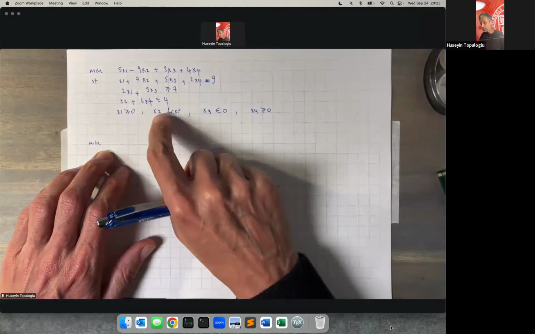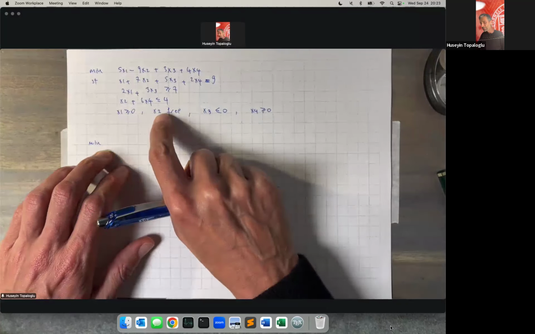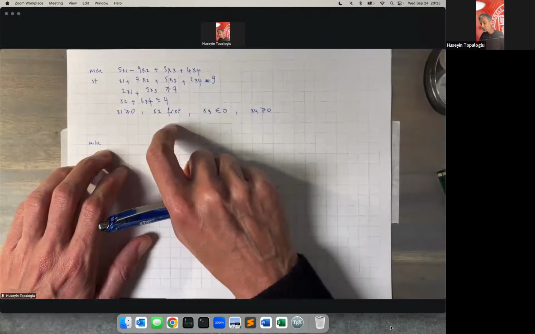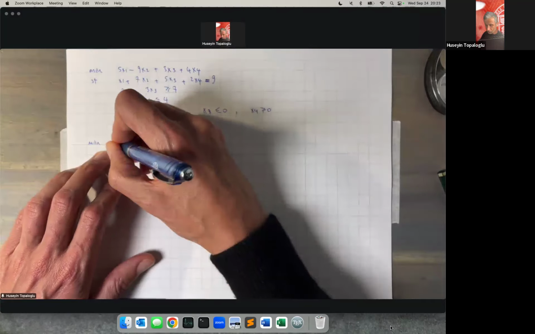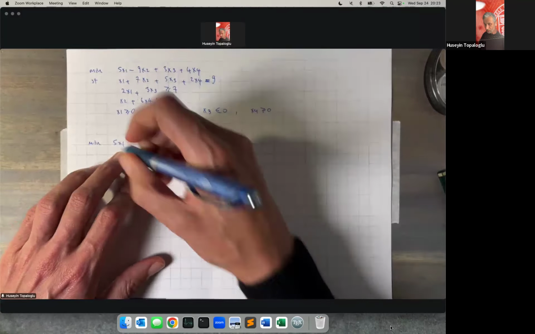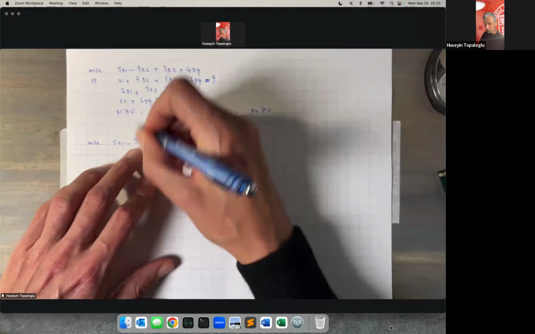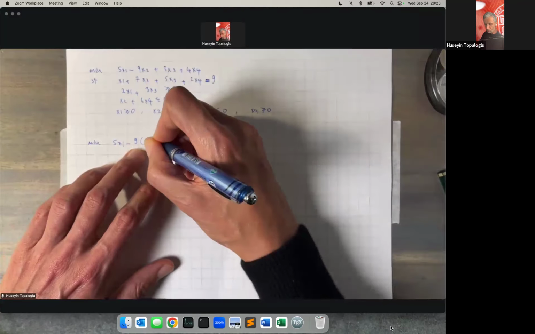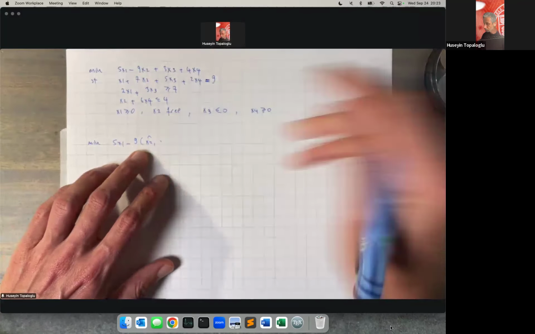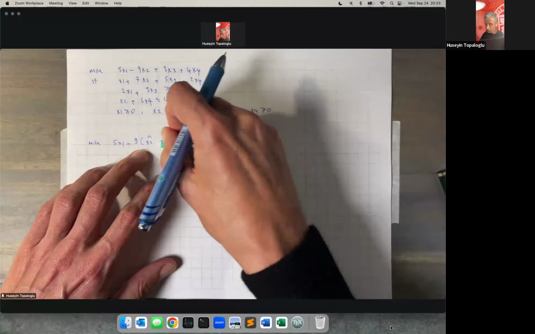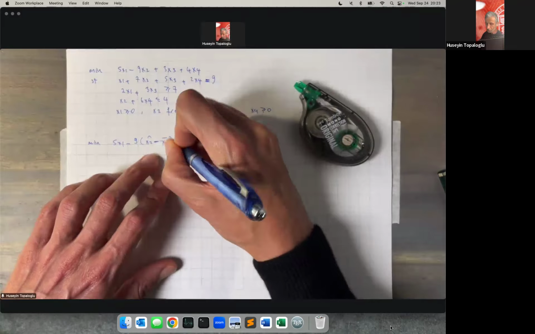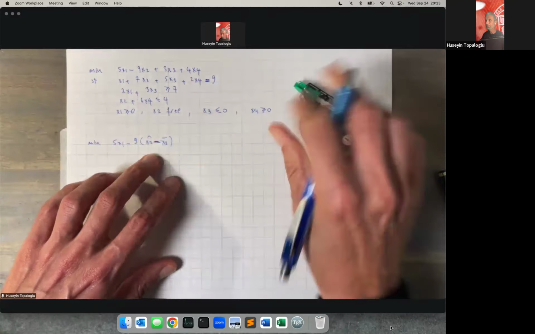x2 is free, which means that I'm going to replace x2 by the difference of two decision variables, x2 hat minus x2 bar. So in the objective function, 5x1 remains as it is, minus 9 times, and I'm going to replace all occurrences of x2 by the difference of two non-negative decision variables, x2 hat minus x2 bar.